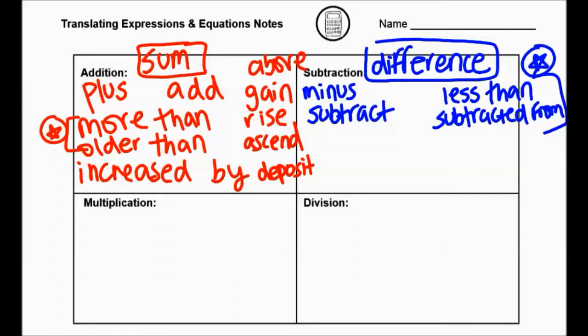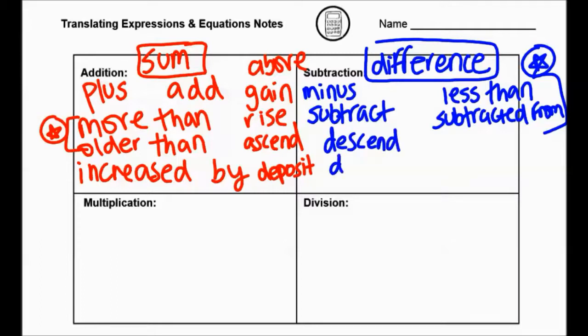Same thing as when we were adding, instead of more than, we could say older than. So if we're talking about age, instead of older than, they would say younger than. That would be minus if they said younger than. I'm not going to write that because I'm kind of running out of room though. We have descend.